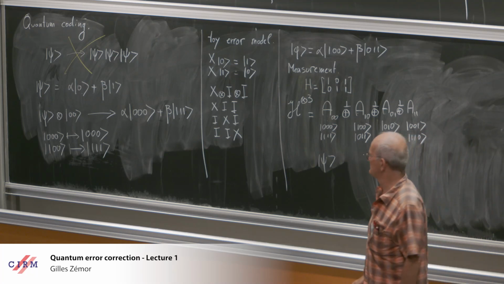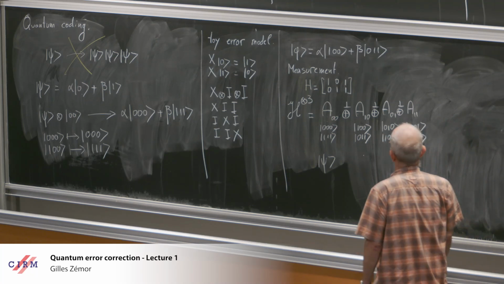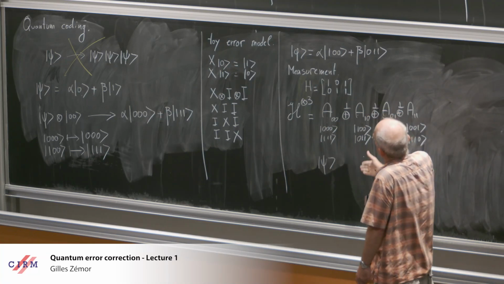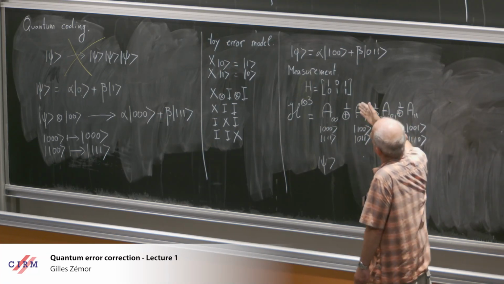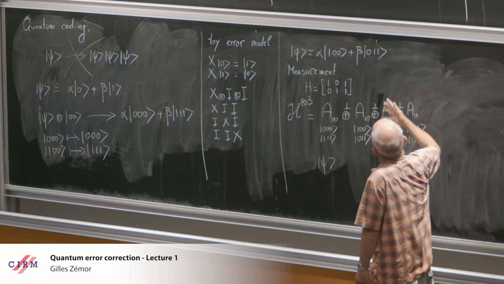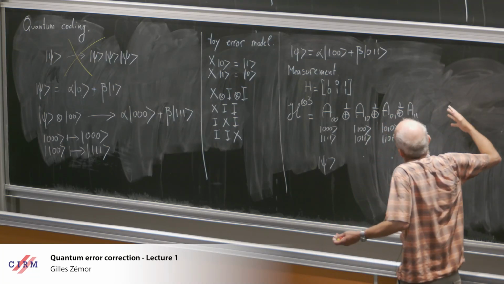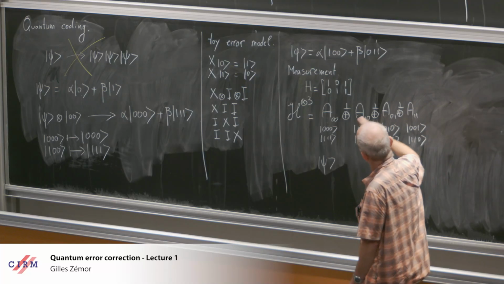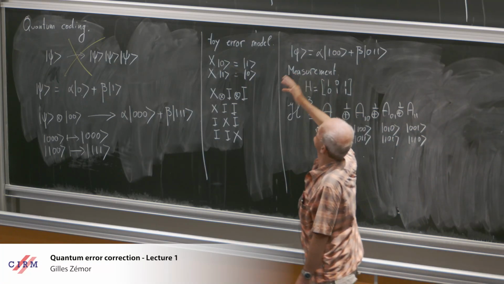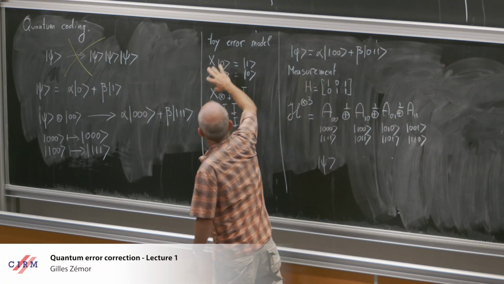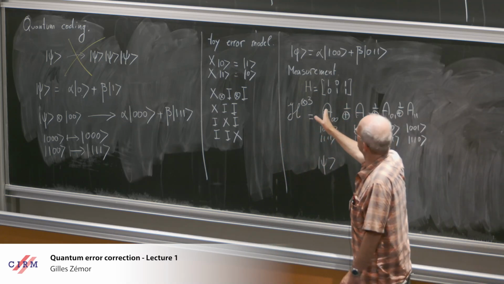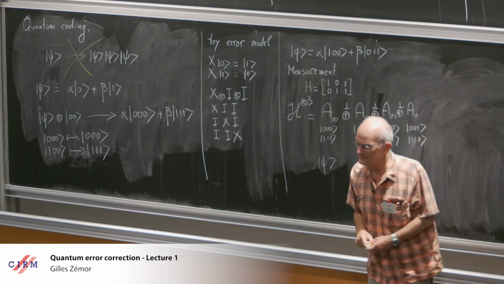So when we do the measurement, we will find out that we necessarily fall into one of those four spaces. Starting from anything, after the measurement, we will be in one of those four spaces. What happens if our error is of this X form, we will simply go from this space to one of those three spaces.